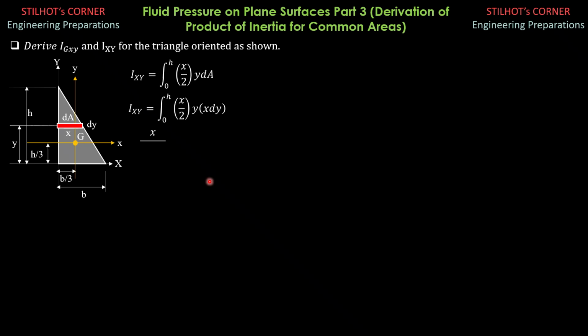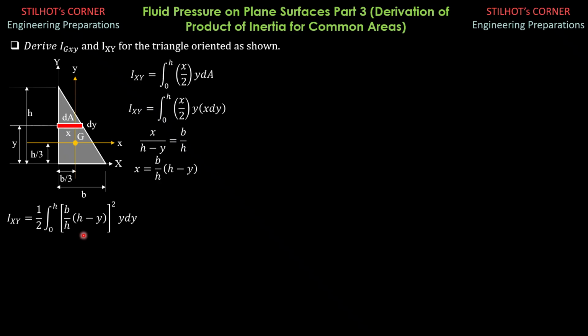So x as to h minus y equals b as to h. That means x is b over h, quantity h minus y. Substitute here, factor out 1/2. So Ixy is 1/2 integral 0 to h of b over h, quantity h minus y, squared. This is x squared. Then we have y dy.